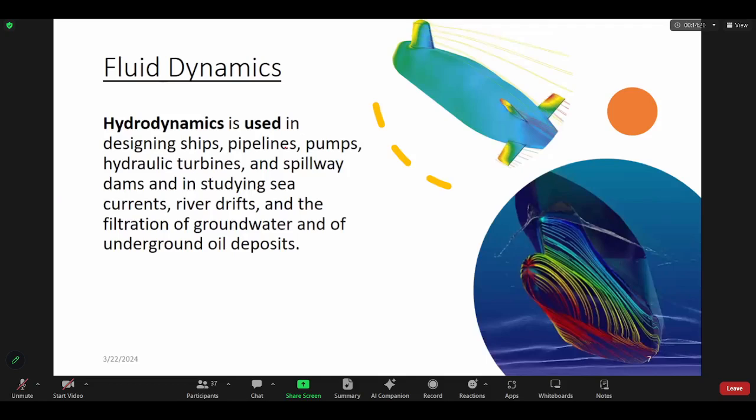In hydrodynamics, it is used for the design of ships, pipelines, pumps, dams, hydraulic turbines, and also for river drifts, groundwater, and underground oil deposits.